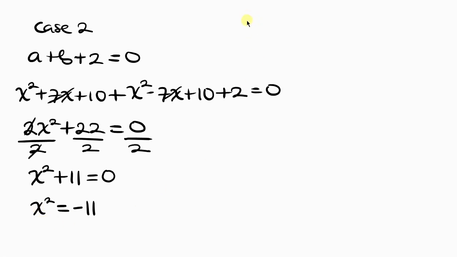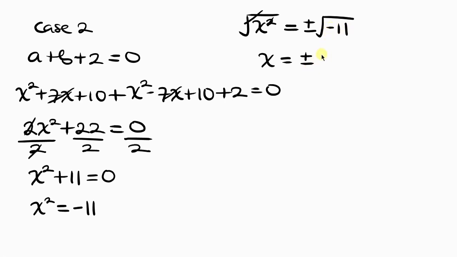So I'll take the square root of the left hand side, which is x squared, equal to, now taking the square root of the right hand side, I have plus or minus the square root of negative 11. Now notice that the square root and the square can cancel off. So leaving behind x to be equal to plus or minus. Now we're going to be having a complex solution here because of the negative number inside of the radical.